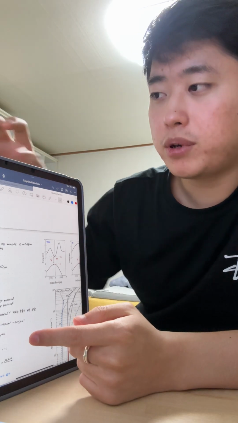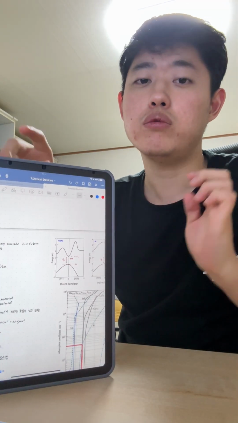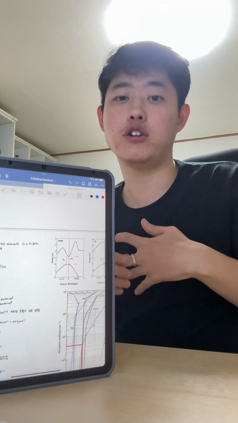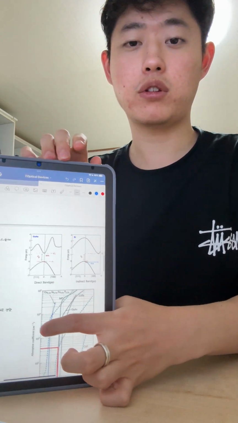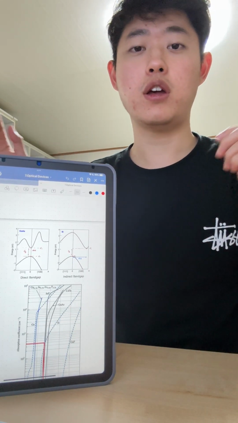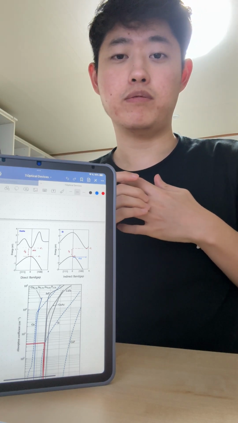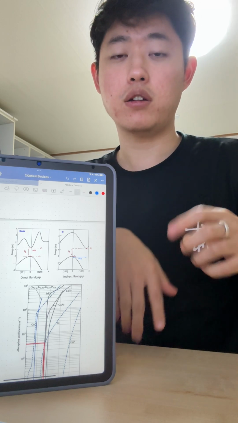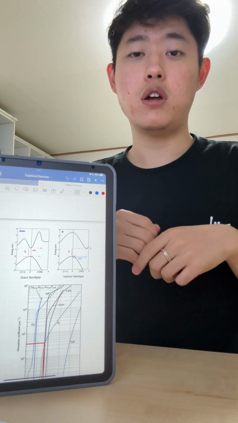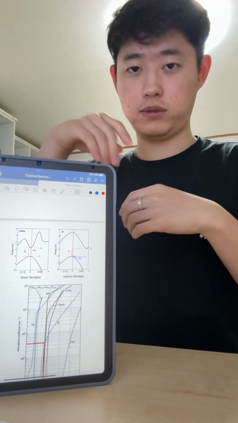And for the energy gap, we talked about the E-K diagram. Silicon is a typical indirect band gap semiconductor, and III-V materials are usually direct band gap.